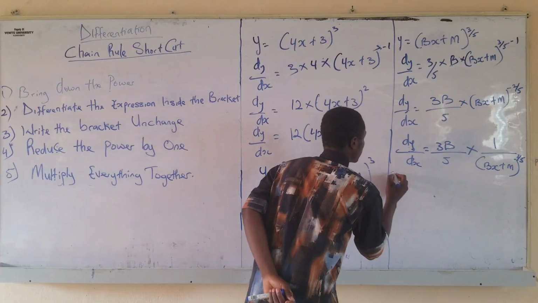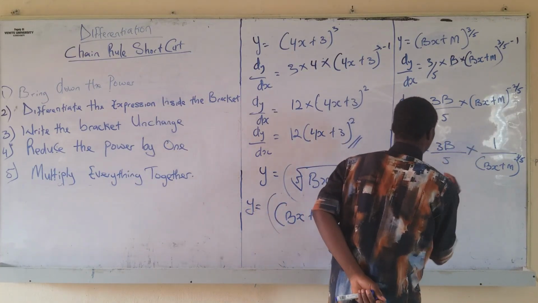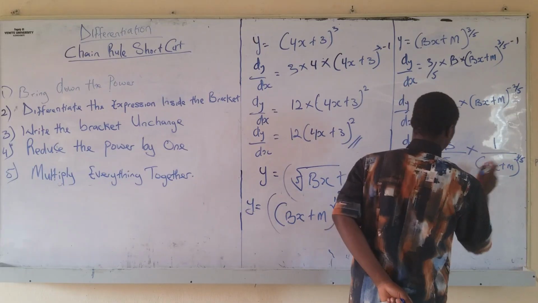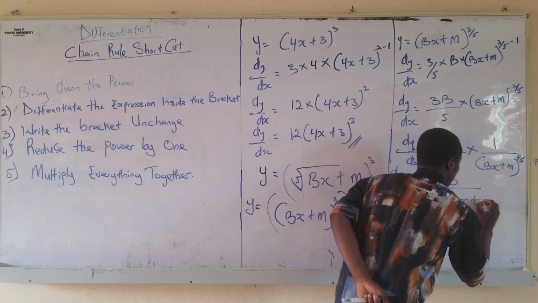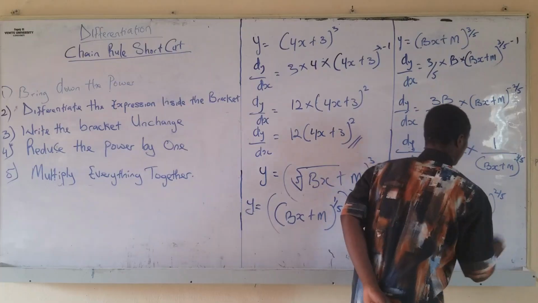Then dy over dx is equal to 3b over 5 times (bx + n) raised to power 2 over 5.